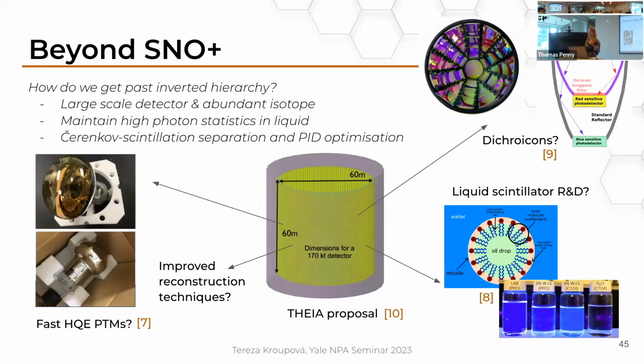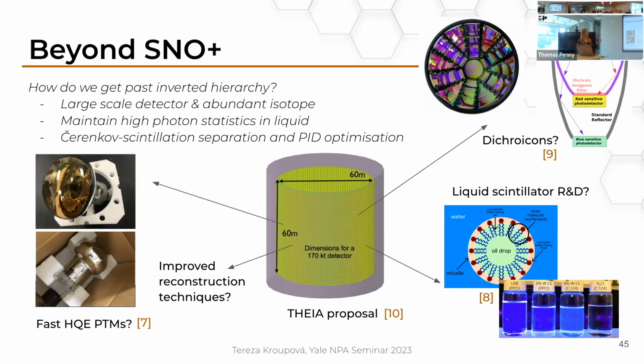Okay, what do you do next though? Say you probe the inverted hierarchy, but you want to go further or much beyond that. So the current proposal of the Theia detector is in the works, and there's multiple R&D efforts that could be incorporated in this big liquid scintillator detector.